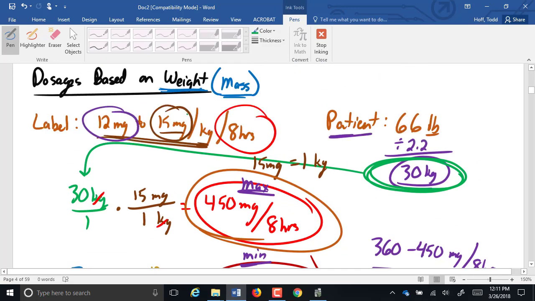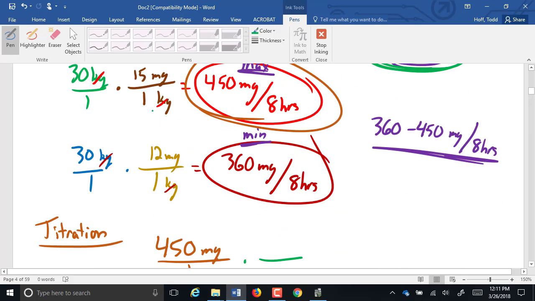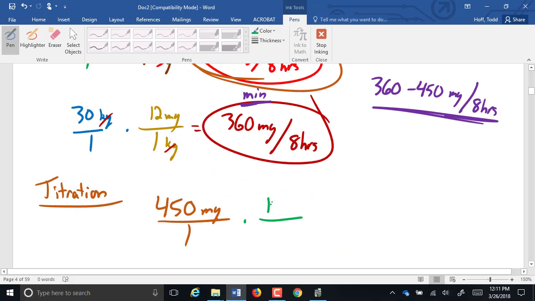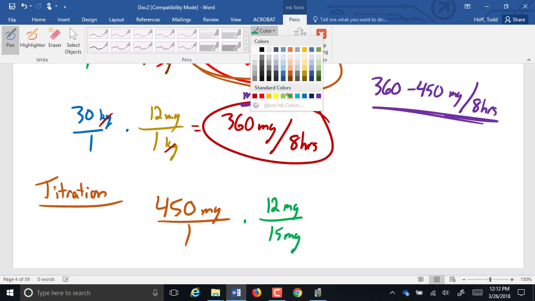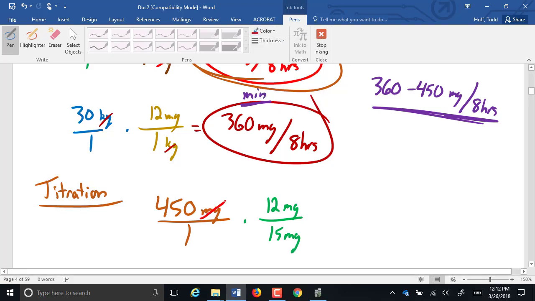And in this case, the ratio, we have the maximum, we want the minimum. So the ratio is going to be 12 milligrams over 15 milligrams. And those cancel out. So 450 times 12 milligrams over 15 is going to give us the 360 milligrams. And we do have to put the 8 hours back on.